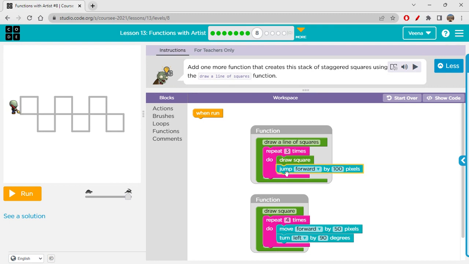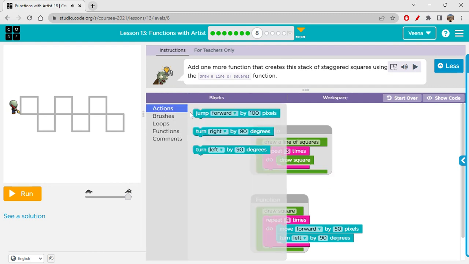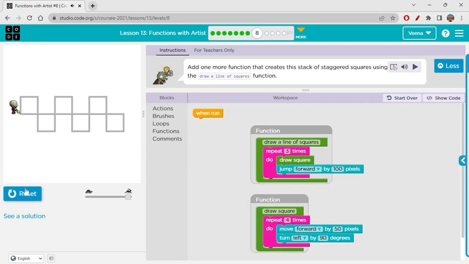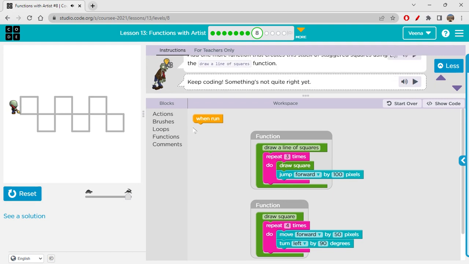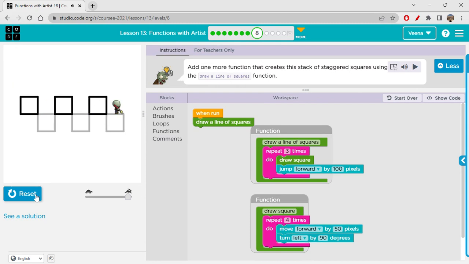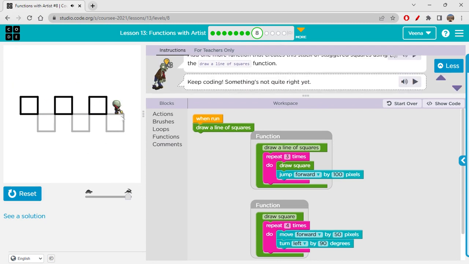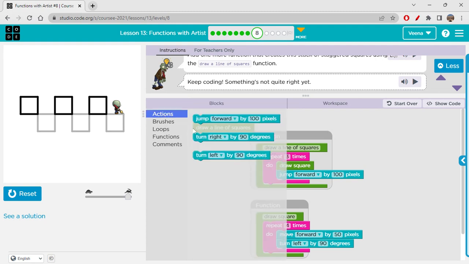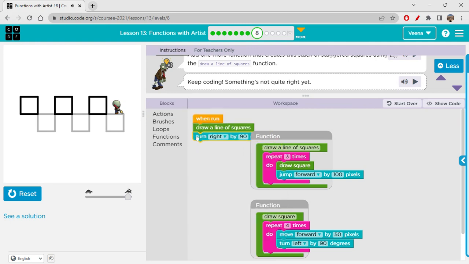Then what do we have to do next? Instead of jump forward, if we draw a line, that should definitely work out. Oh, got it. First, let's draw this. We have to call some function, right? Draw a line of squares. So he's standing here. That means we can turn right by 90 degrees. Then move forward, turn right, move forward, turn right.